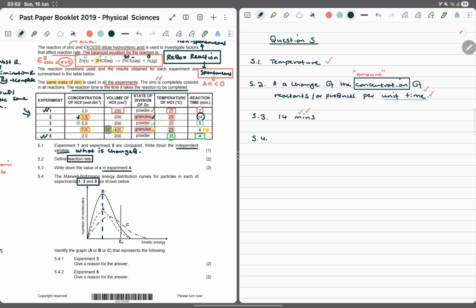So this is definitely experiment 3, okay? Because there's more molecules because of that higher concentration of HCl. Of course, the zinc particles are the same throughout, so they each have the same number of zinc particles, but they differ in the number of the HCl particles, which in total will give us what we see.